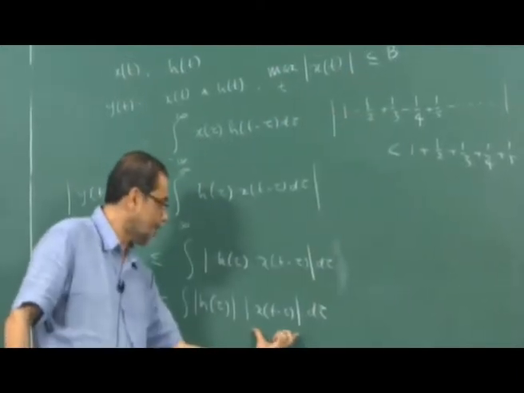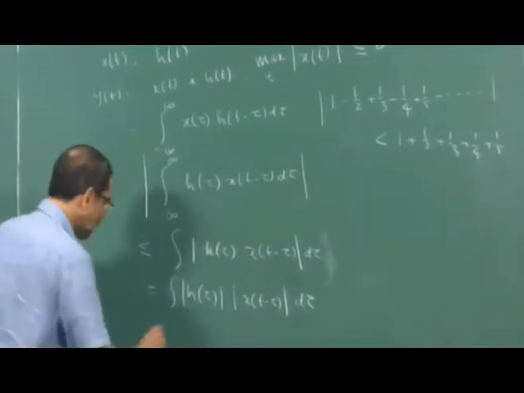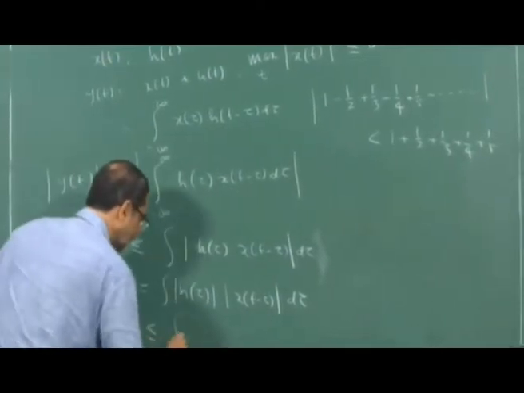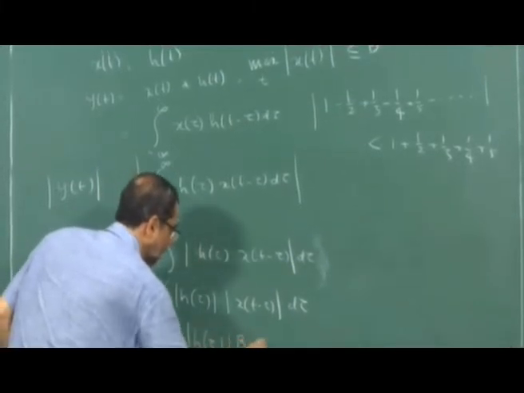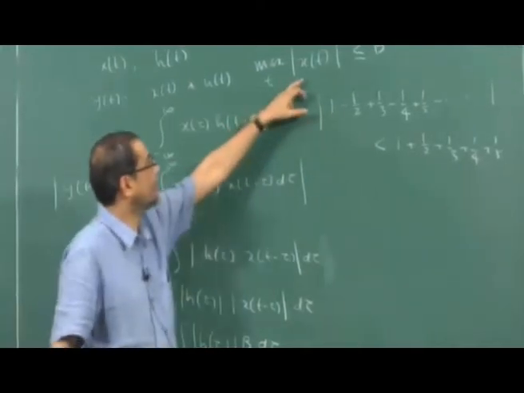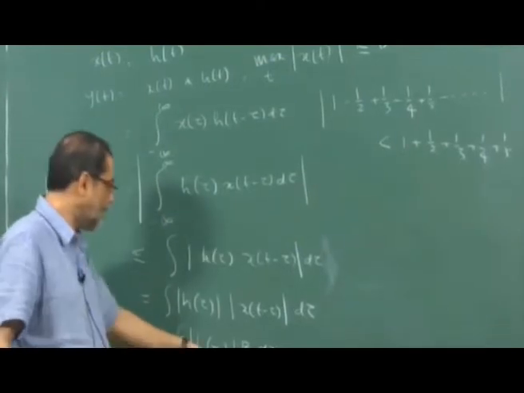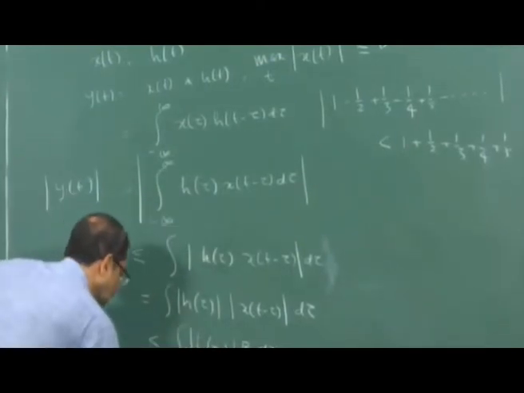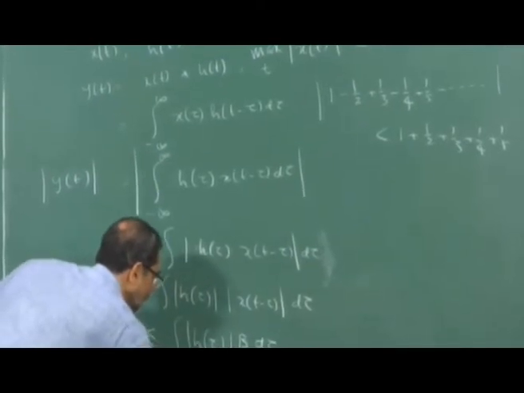So I can replace every absolute value of x by b. This will be less than or equal to the expression where b replaces x, and b comes out. So this is equal to b times the integral of the absolute value of h of tau d tau.